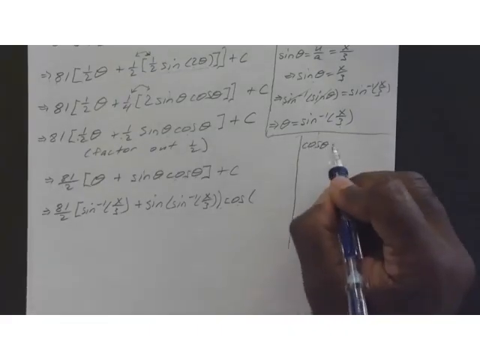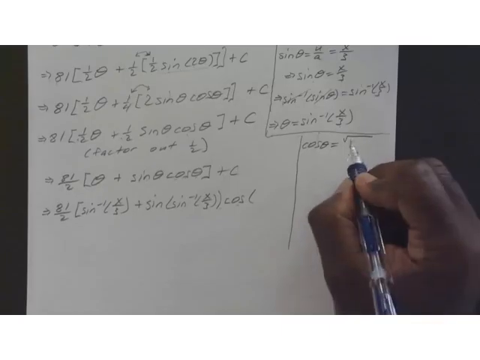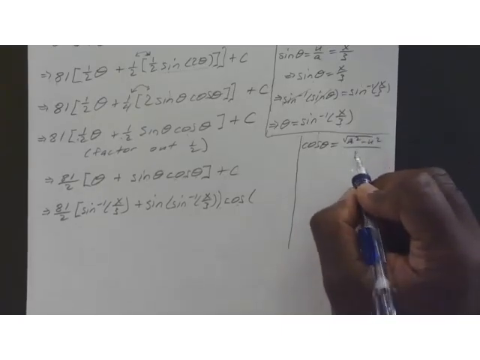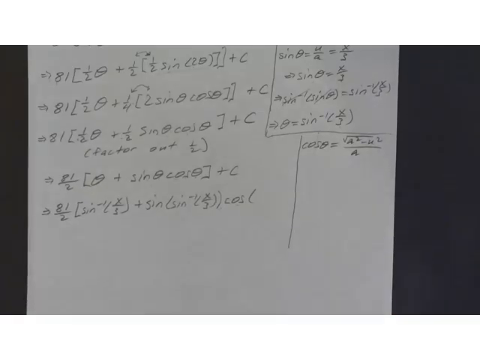We know that cosine of theta is equal to the square root of a squared minus u squared divided by a. That's just the adjacent over hypotenuse if we use the triangle. Okay.